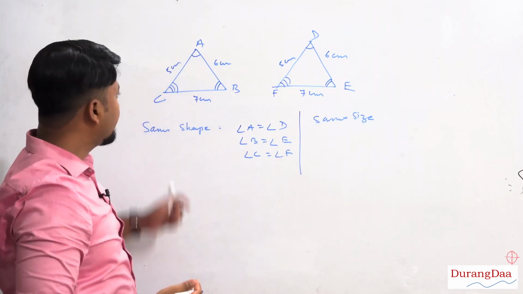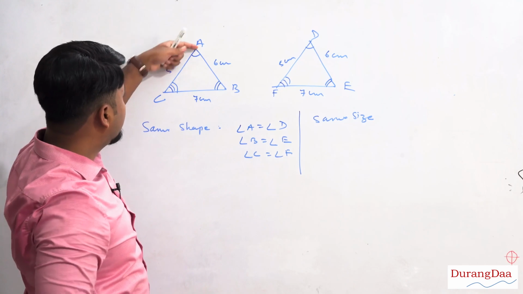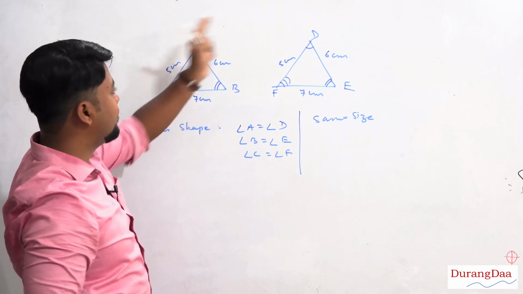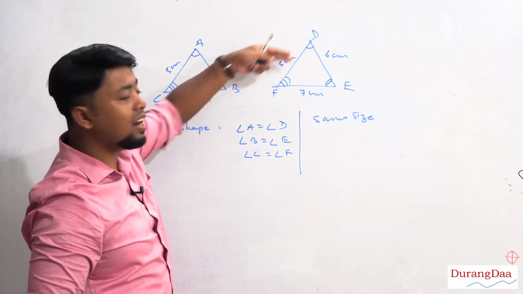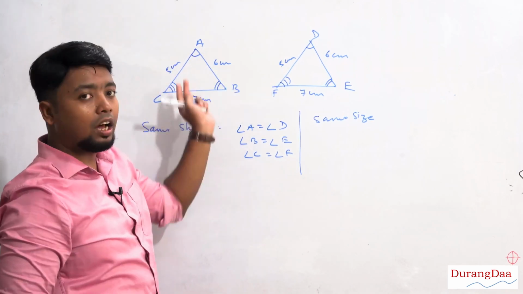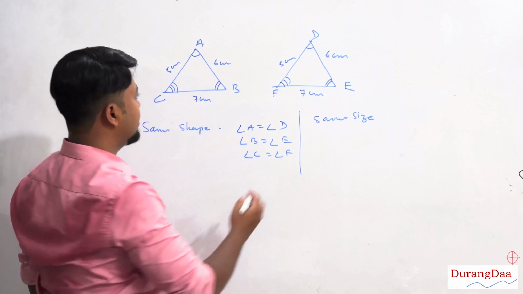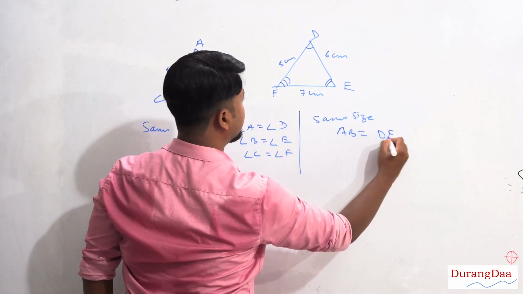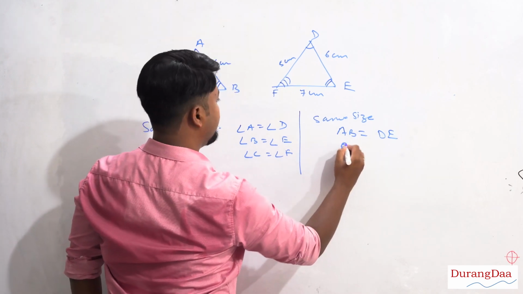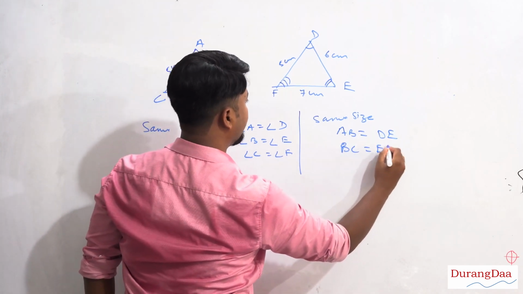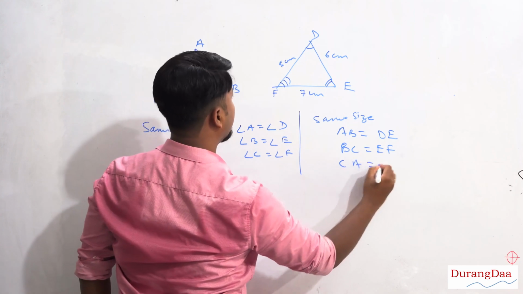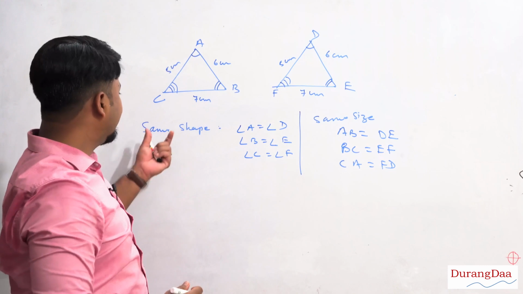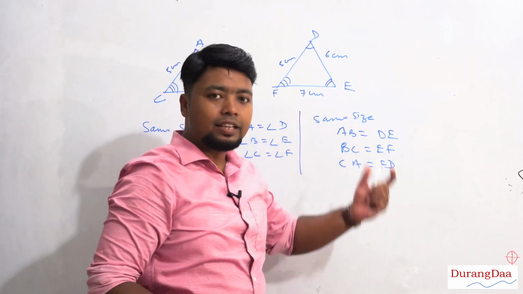So, what we see here, each side of triangle ABC is having an equal side in the other triangle. So, corresponding sides are equal. In this situation, AB is equal to DE, BC is equal to EF, and CA is equal to FD. So, both the triangles are of the same shape and same size, all right.